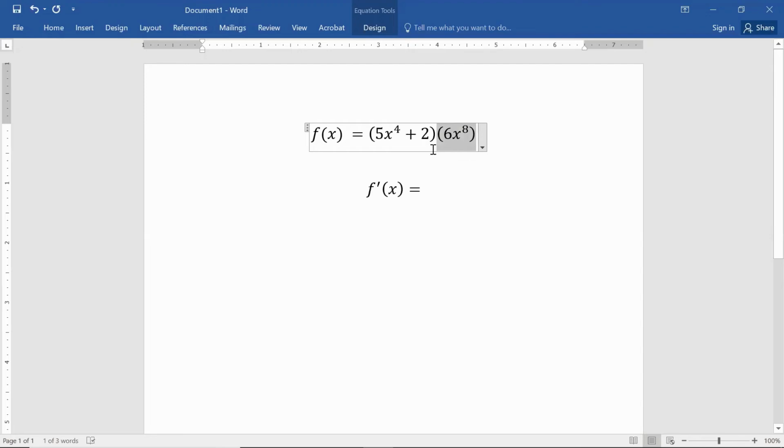So the derivative of the first expression would be 20x to the third plus 0.